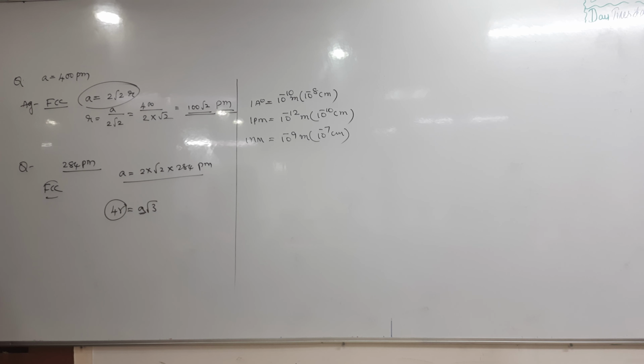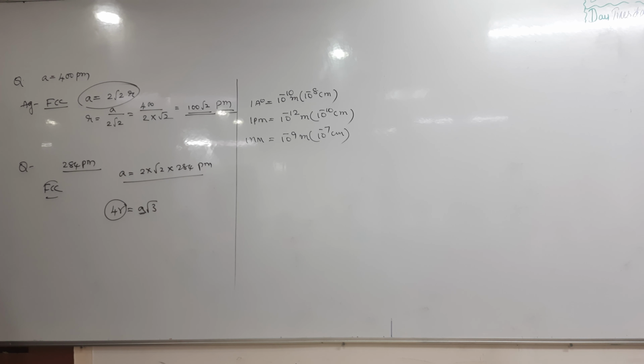Right, another question. A metal crystallizes with face-centered cubic lattice. The edge length of unit cell is 408 picometer.